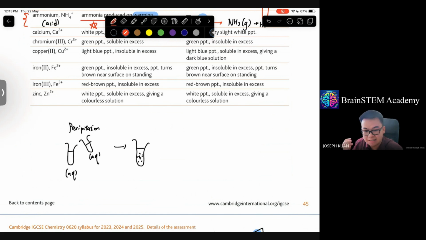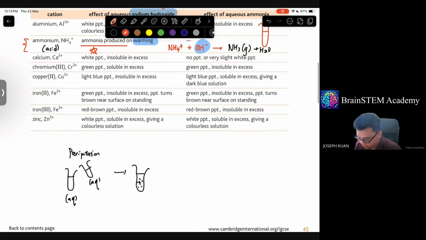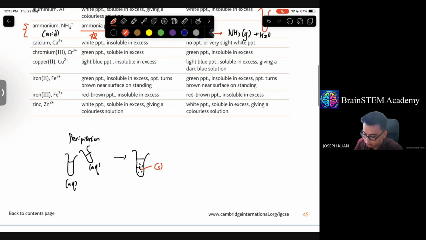This is seen as a suspension, as milkiness, the cloudiness being formed. However, these words are typically not accepted in the exam. They want you to write the word precipitate if it's really a precipitate. Okay, precipitates are formed.